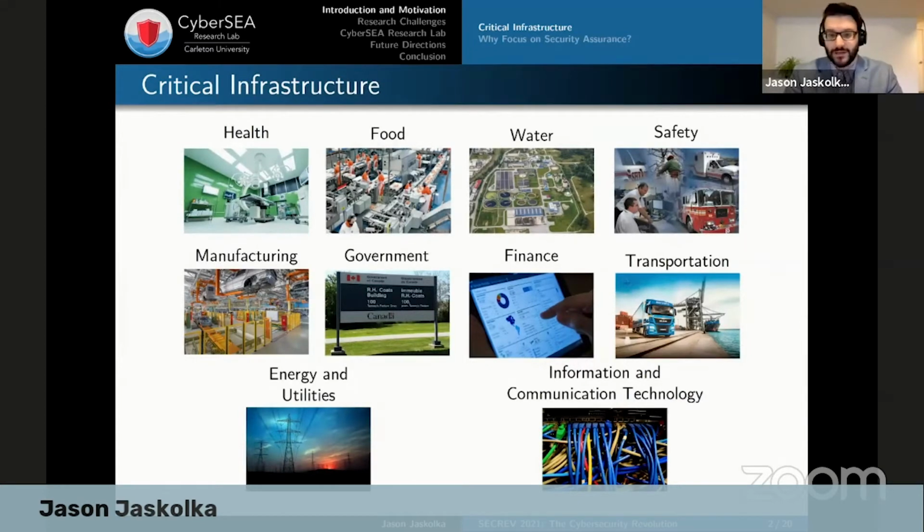In Canada, we have 10 sectors of critical infrastructure, and these cover health systems, food and food processing systems, water and wastewater treatment facilities, all of our safety services, such as emergency services, manufacturing systems, all those systems that are essential to the appropriate and effective functioning of government, our financial systems, our transportation systems, energy and utilities, and all of the information and communication technology that we have as well.